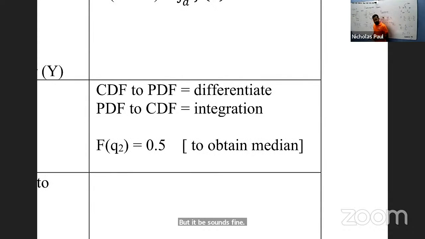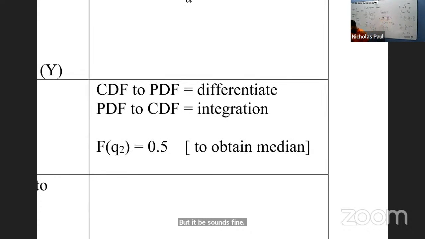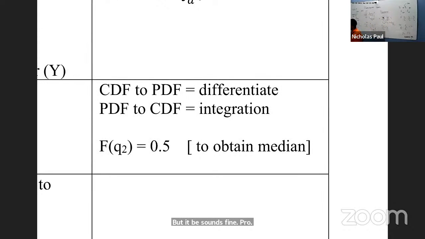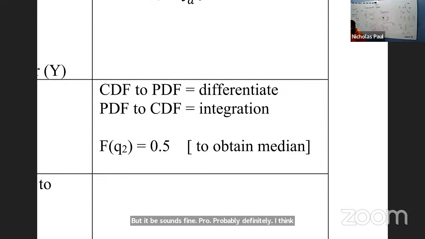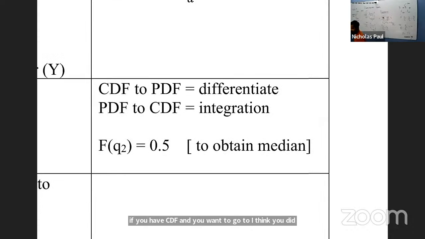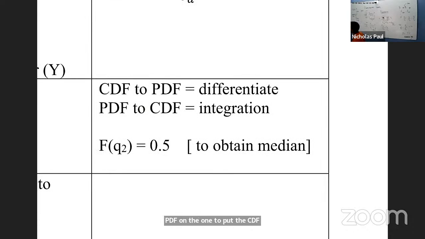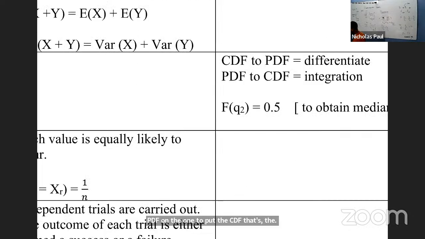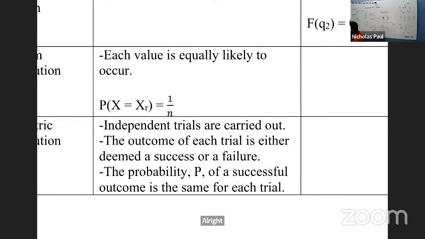Probability density function. So if they give you a CDF and you want to go to PDF, you differentiate the CDF. If they give you a PDF and they want to go to CDF, that's cumulative, so you integrate. And there's a rule there for the median. We'll do a couple of those in a little while.